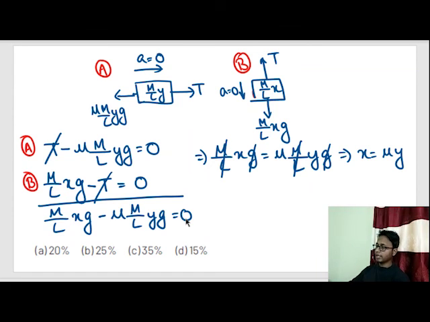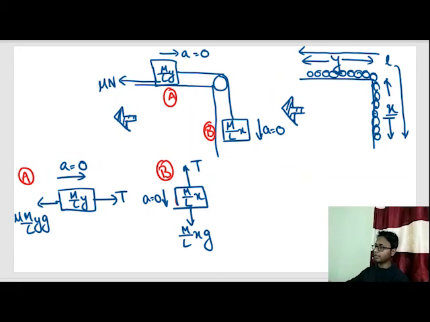Now x is equal to μ y we obtained from this. And see from this diagram, if this length is y and this length is x and the total length is L, can I say x plus y is equal to L? So can I say y is equal to L minus x?